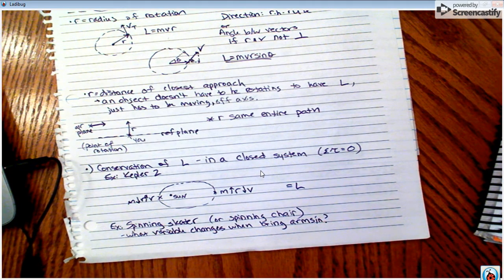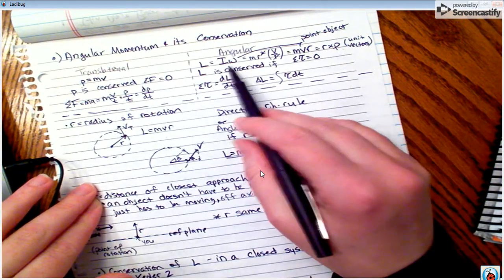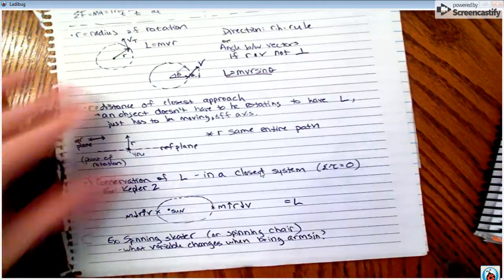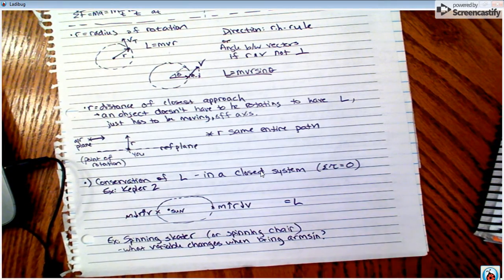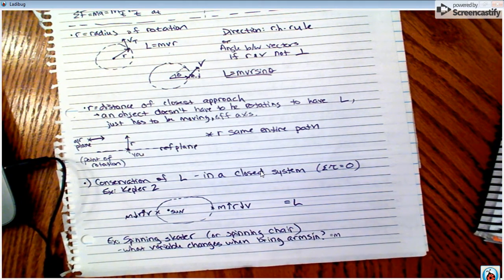Okay, so if we think about all the variables involved with angular momentum, whether it's I omega or mass velocity radius, the mass of you and the masses you're holding is not changing. But when you bring your arms in, you decrease the radius.